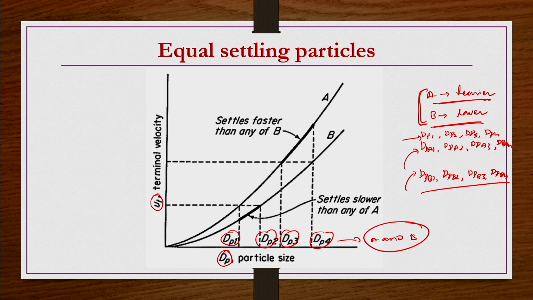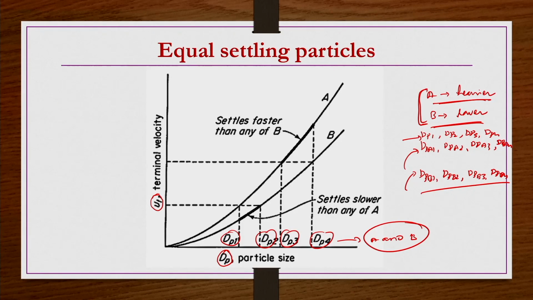Now these particles are in a mixture, and you want to separate them into two fractions, as pure as possible. So first you take different sizes of these particles individually and measure their terminal velocity within the range of dp1 to dp4, because that is the size range of the sample.